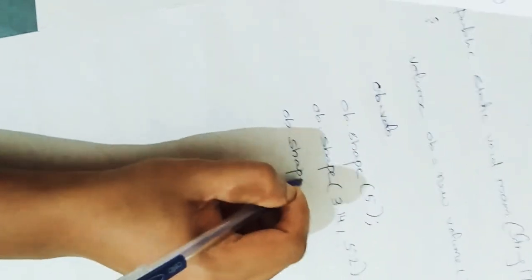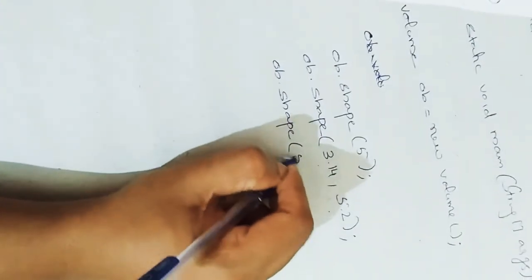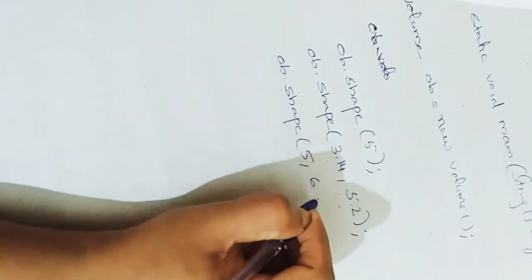Next I am calling another function shape, which is having two values, one is 3.14 and next is 5.2. So it automatically calls the function which is having two arguments of double data type, that is double pi and double r. Next I am going to call the third function ob.shape, which is having three integer variables, 5, 6, 10.